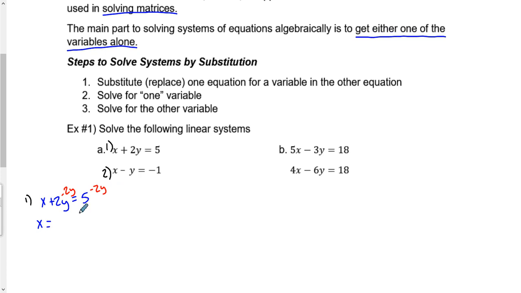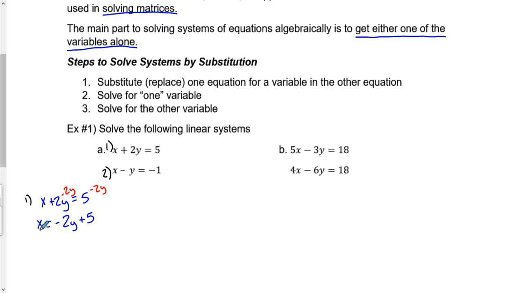Now, by force of habit, I like writing my variables first. So I can write x equals negative 2y plus 5. So as soon as I've got one of the variables alone, I can actually start using my steps for substitution. So substitution is literally substituting or replacing one thing into another equation.